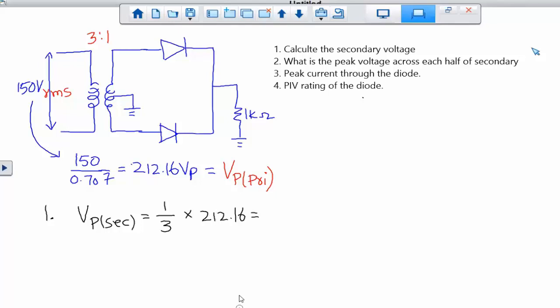It's like 70.72. So that would be the secondary voltage. So that means it's from here all the way to here. So for the entire secondary side of the transformer.